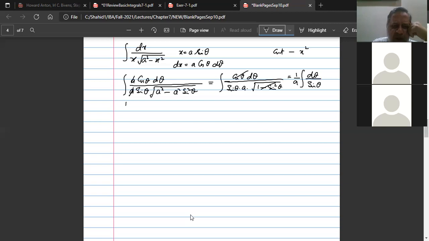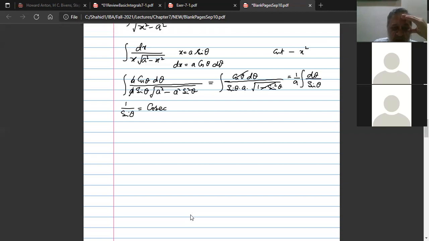But what is 1 upon sin theta in trigonometry? Anybody remember? You should remember this. This is the last of the trigonometric functions, cosecant theta. This implies my integral that I started with, dx upon x under the root a square minus x square, has transformed into 1 upon a integral cosecant theta d theta.